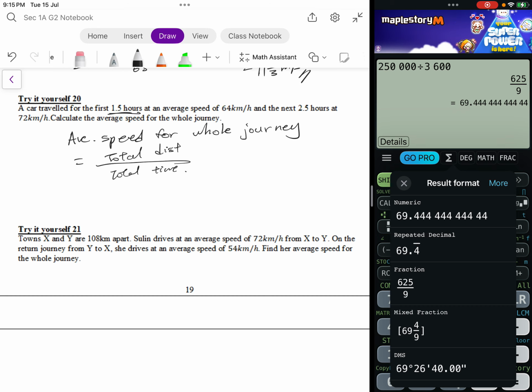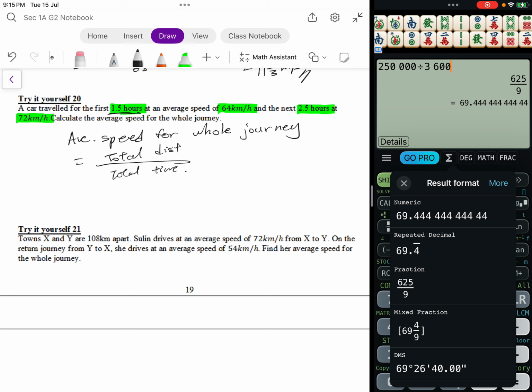Okay, hang on. 1.5 hours multiplied by 64 kilometers per hour. 2.5 hours multiplied by 72 kilometers per hour. Okay, so total distance will be 1.5 times 64. Right, hours, oops.